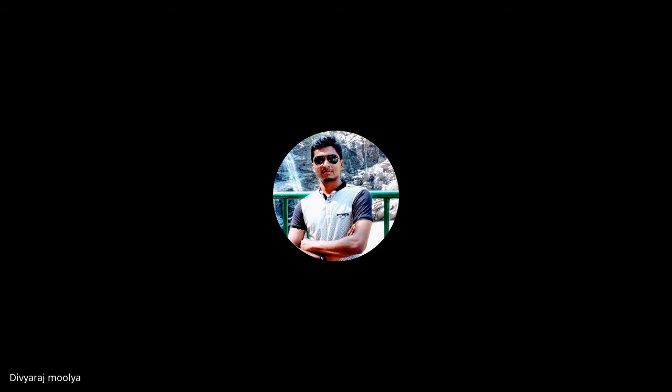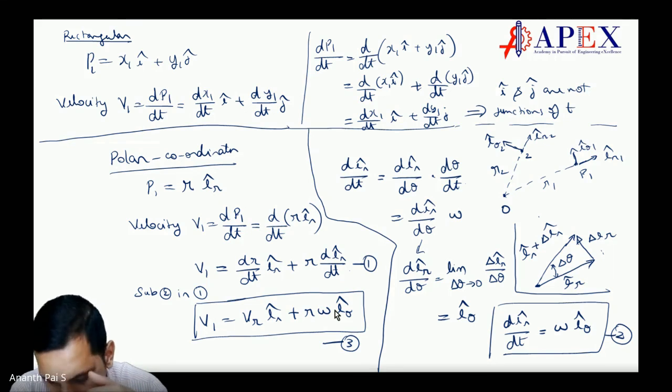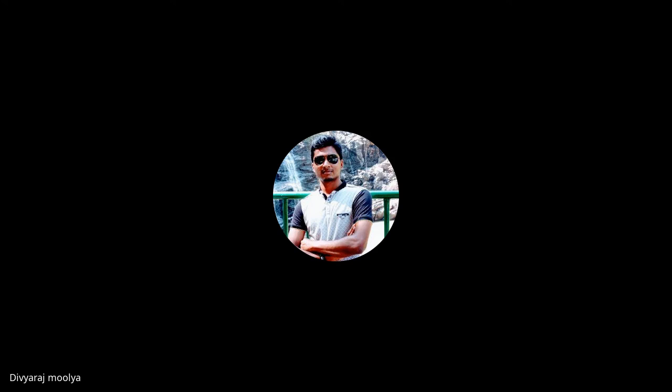Sir, the e cap r, it's the direction of r1, no? e cap r is the direction of r1, yes. Correct. I'm a bit confused about the delta here, sir. Why did we take that as delta here?